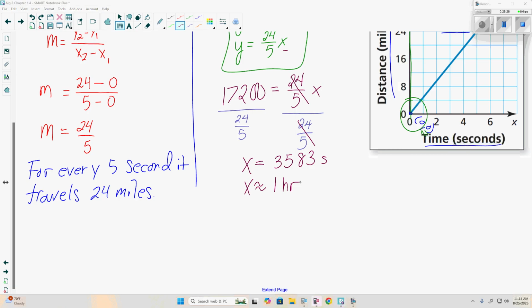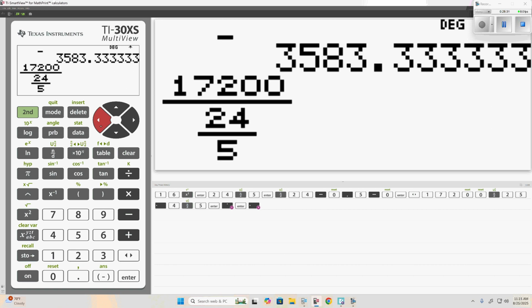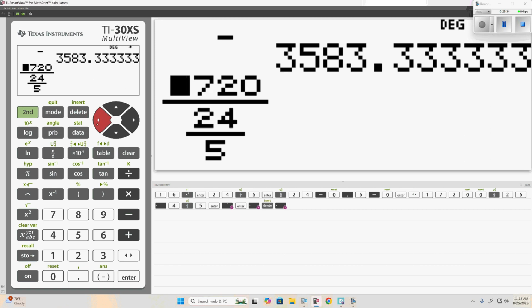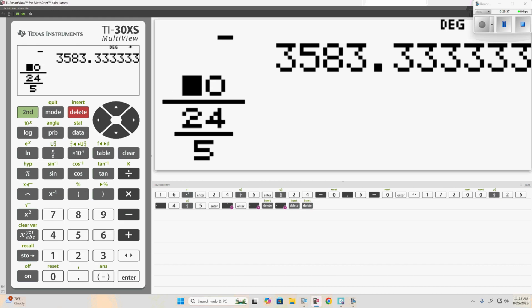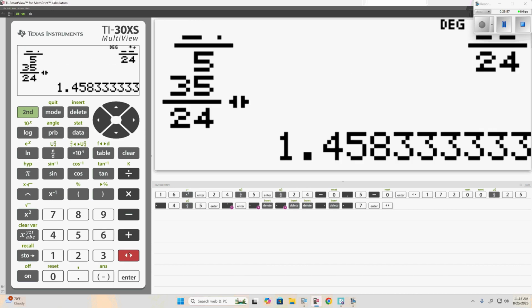Because if we looked at this here, the distance from here to Siloam, well, what I know for sure is if we went from here to the Arkansas border, that is 7 miles. So if we were traveling at this speed, it would take you approximately 1.45 seconds to get from here to the border.